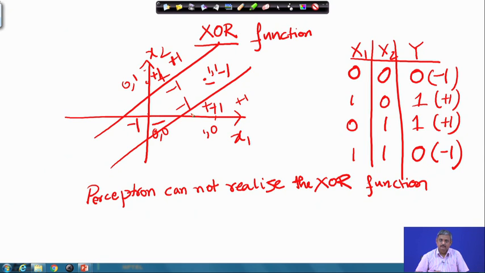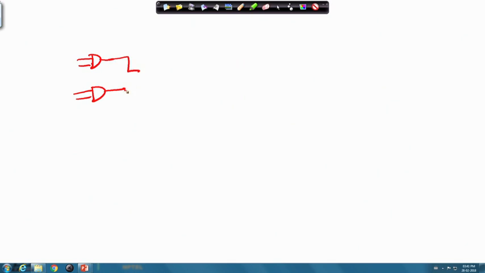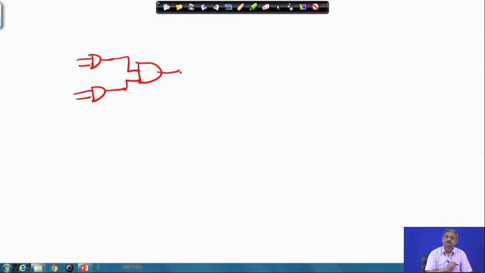All right. So then people thought, how do you realize two or more lines? Let me connect up perceptrons. It is like in your logic circuits: maybe a single AND gate cannot realize a function, so you connect up AND gates and add a second level of gates, and then you can realize it.